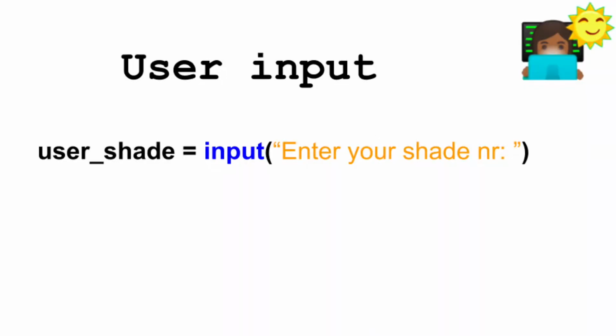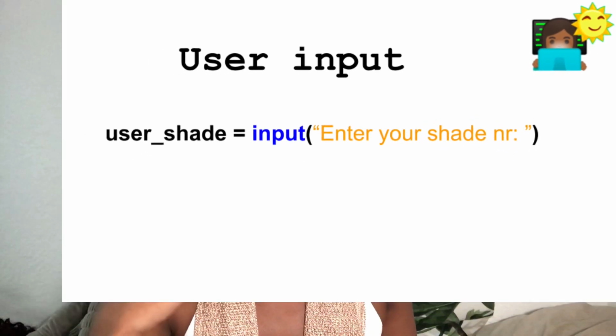So you're coming to an Elizabeth Arden store and it's got a list of foundations. The first thing you would want to know is what is your shade? Like, honey, what is your shade? And that's what user input is for. So we would write input, and we would store the user's shade in a variable called user_shade. The input takes a string inside of it, which is the message that we want the user to see to understand what we're asking them.